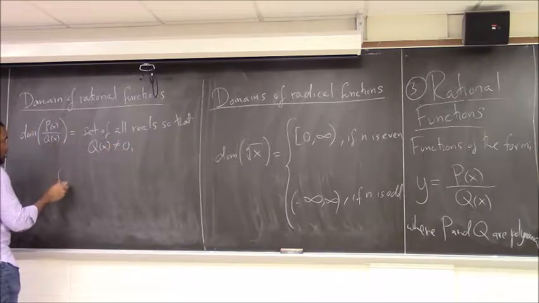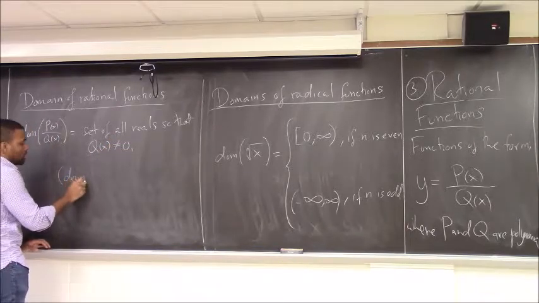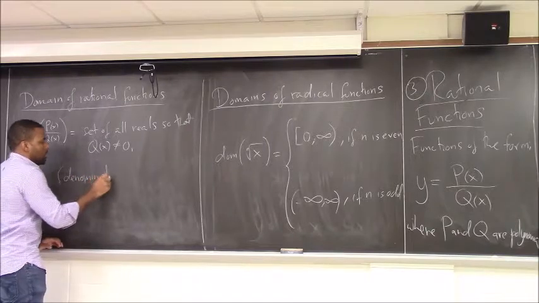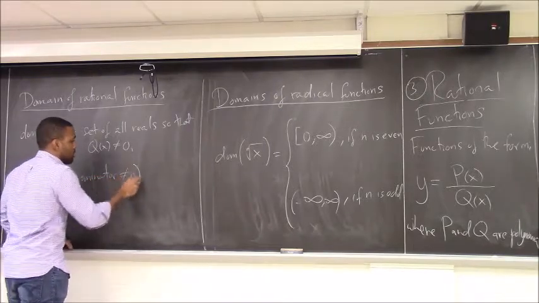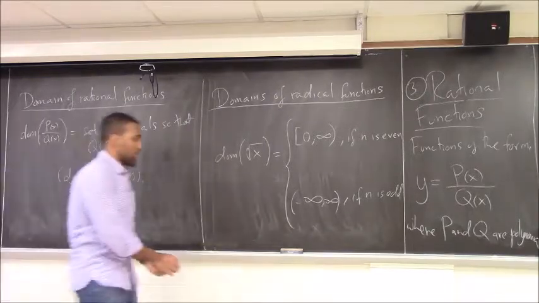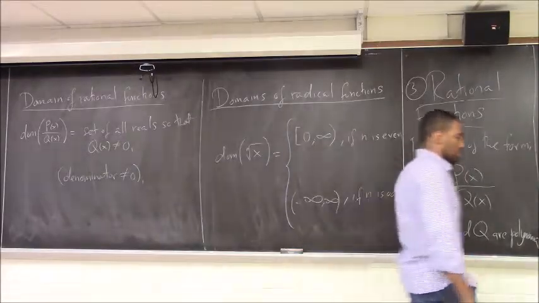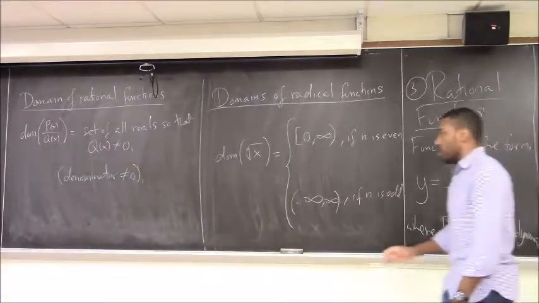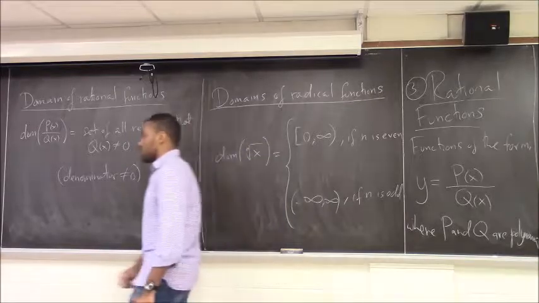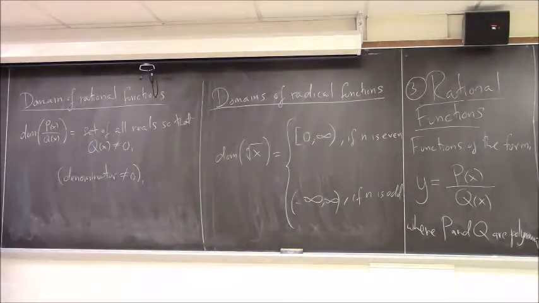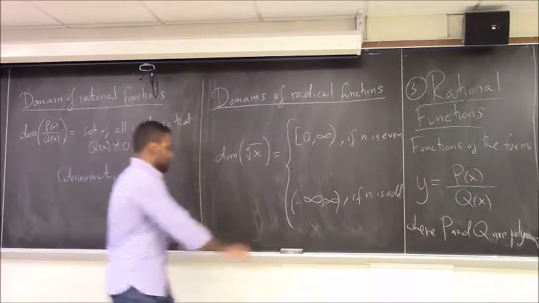Here q denotes the denominator. A denominator cannot be equal to 0. We have to avoid division by 0 at all costs. So anything that has a fraction, you always have to worry about whether the denominator is 0 or not. Basically, you figure out where the denominator is 0, and then the domain is everything except that. That's how you find the domain of a rational function.